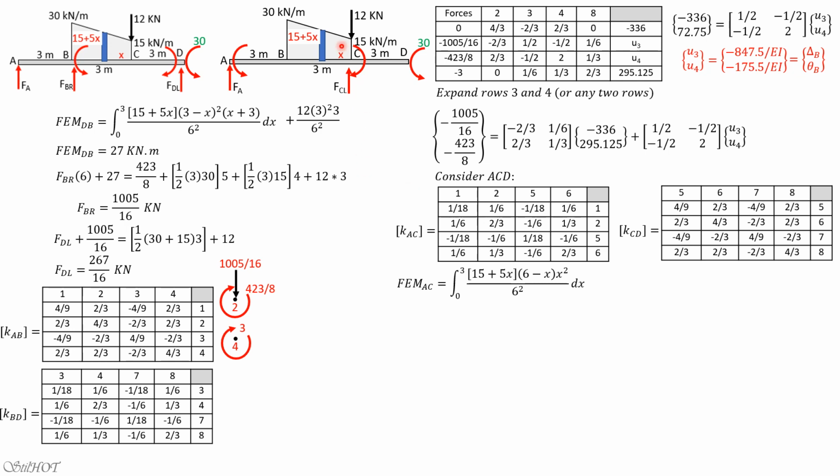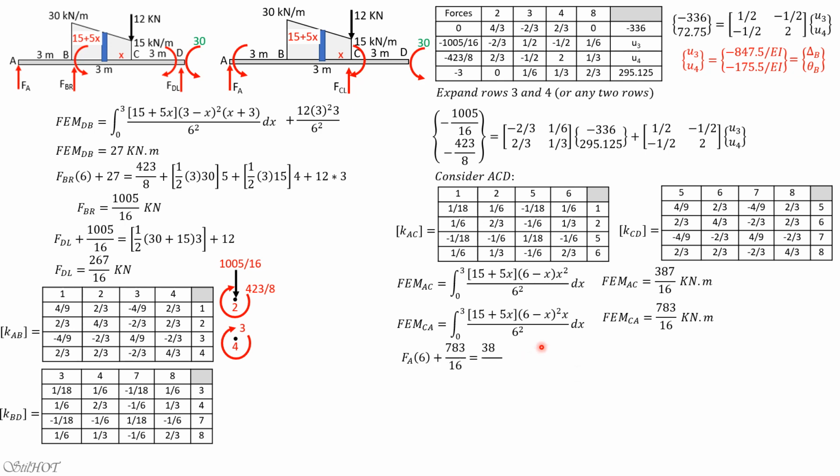When the concentrated load is over a fixed support, there will be no moment, only the vertical reaction FCL would be its contribution. So fixed moment AC is 387 over 16 kilonewton meter. And fixed moment CA is the same integral, with 6 minus x squared this time, times x divided by 6 squared dx. So fixed moment CA is 783 over 16 kilonewton meter.